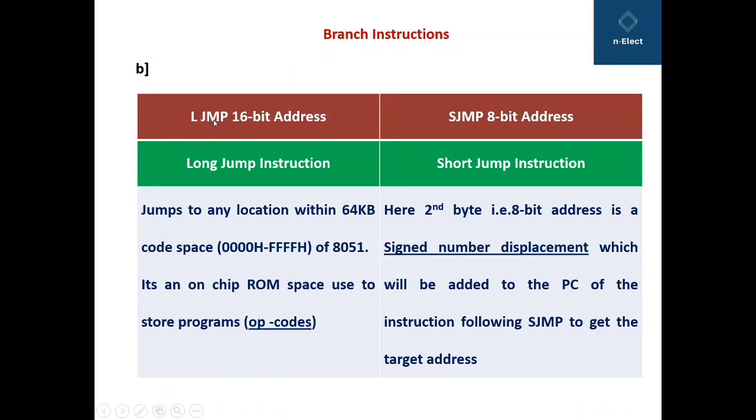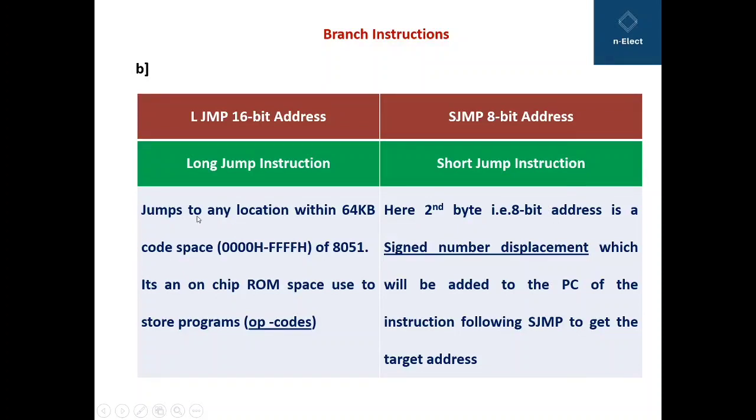Then moving on to LJMP 16-bit address and SJMP 8-bit address. This is the long jump instruction and this is the short jump instruction, and the address provided is 16-bit here while it is 8-bit there. First we will see the long jump instruction.